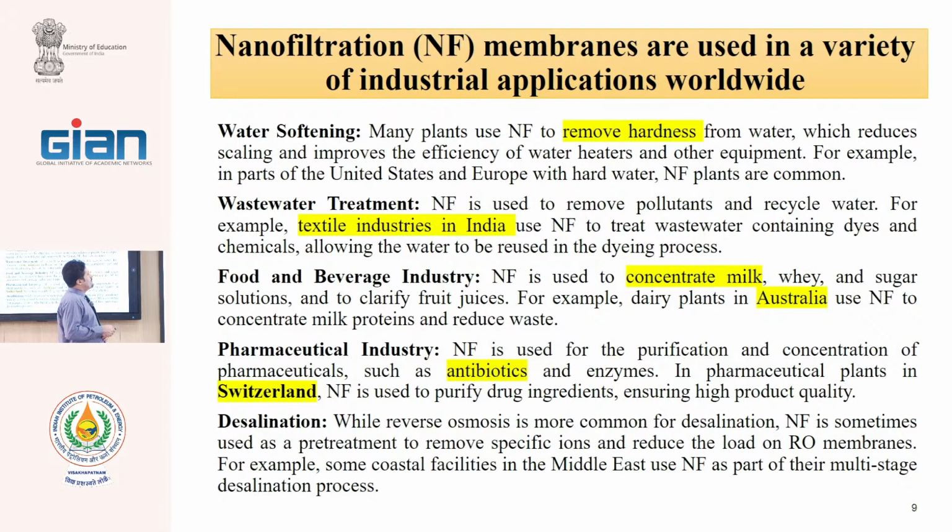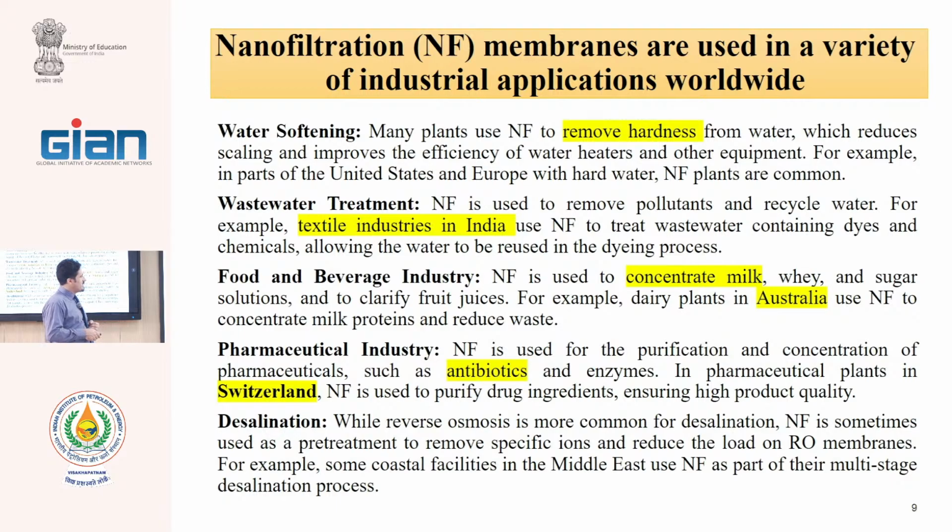Also NF can be used in the concentration of milk, whey, or better we say in fractionation of the milk or fractionation of the protein. In milk, we have different types of proteins that can be separated with a mix of MF, UF, and NF.